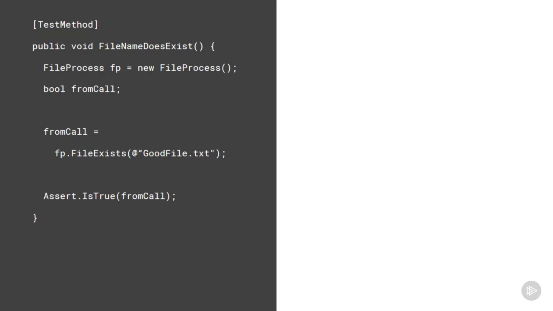So in practice, here's how we might write our file name does exist. We arrange by creating the variables we're going to need, the file process class and the Boolean that says this is what's returned from the method we're going to call. We then act. From call equals fp.fileExists, passing in a file name.